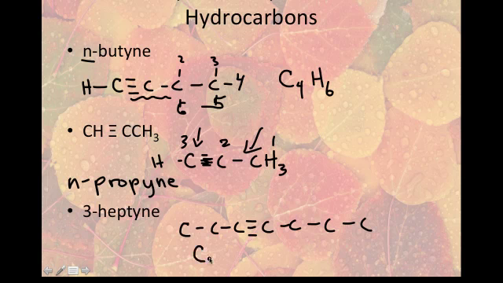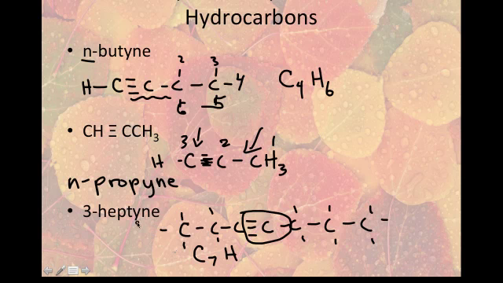To write this chemical formula, I know I need 7 carbons. And then this carbon needs 4 bonds. This guy needs 4 bonds. This carbon already has 4 bonds, and so does this guy because they are in a triple bond, right? Then make this one happy. 4 bonds on every carbon to fill it up. So now let's count.